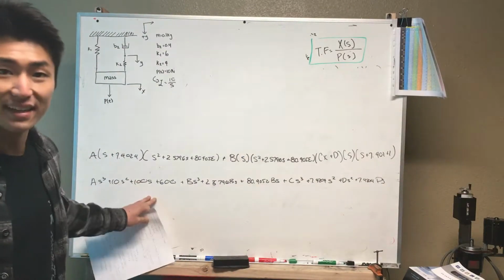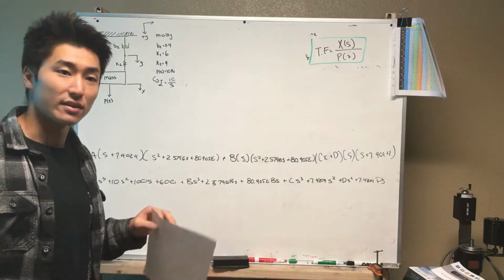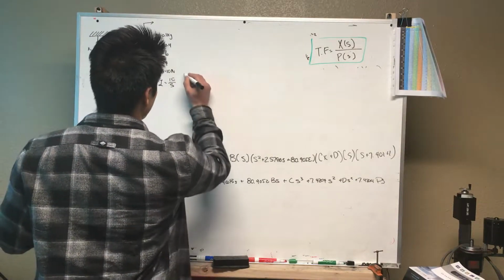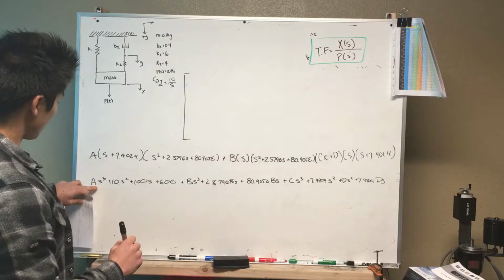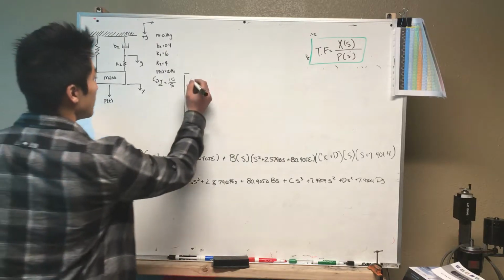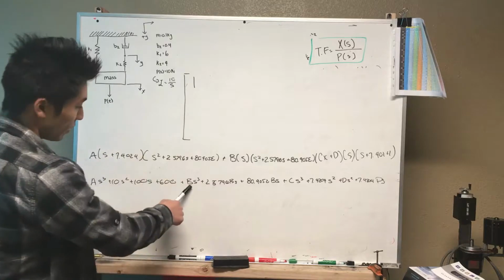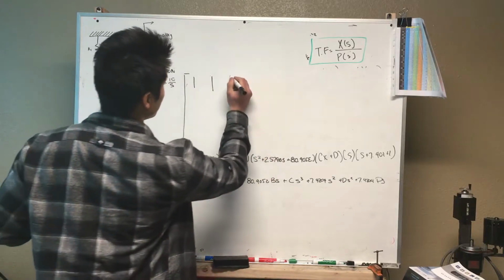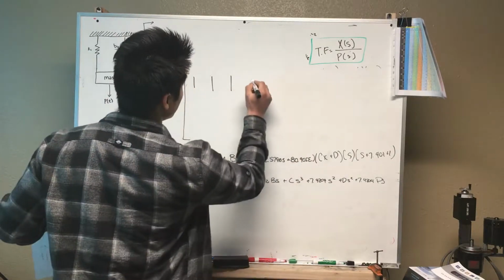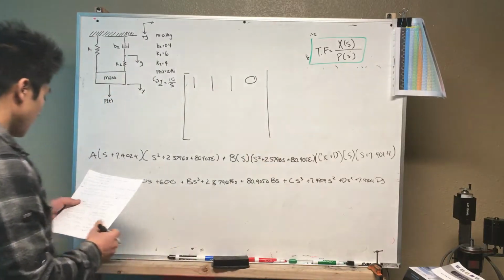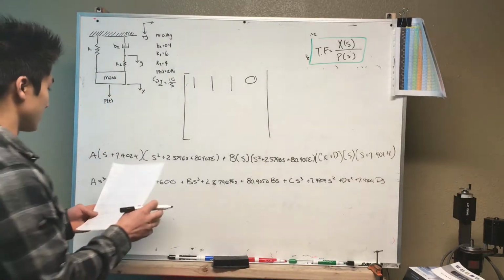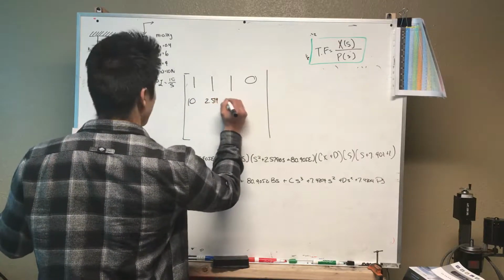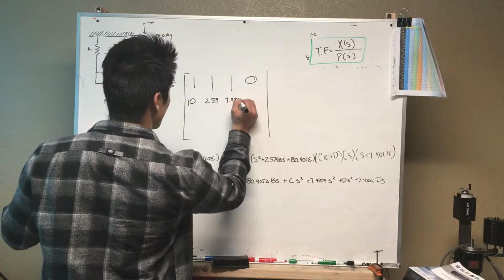so that we can put this in a matrix, and we could use Gauss-Jordan elimination if I'm not mistaken. That's the name of it. We have 1A s cubed, and we have 1B s cubed, and we have 1C, and we have 0D, and we've got, let's say, 10, 2.579, 7.4204, and 1.